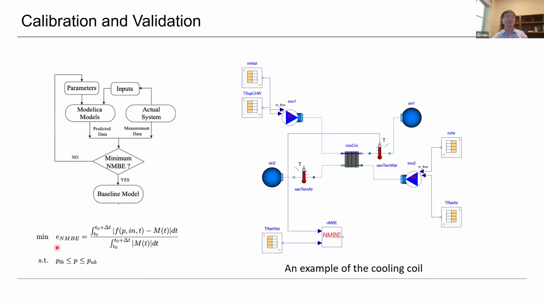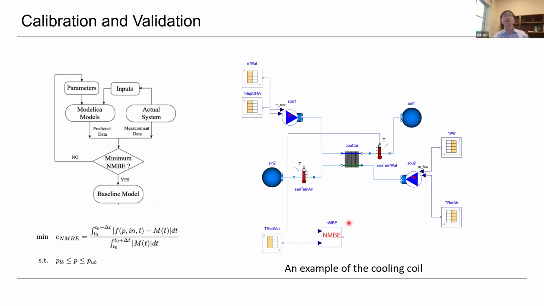This is the normalized mean bias error, NMBE. And then we perform an optimization study. So we tune this parameter. For example, for the cooling coil, we can tune the U value, right? Initially we had the nominal U value data from the product manual, but the actual U value can be degraded, right? So we calibrate those U values for the cooling coil.